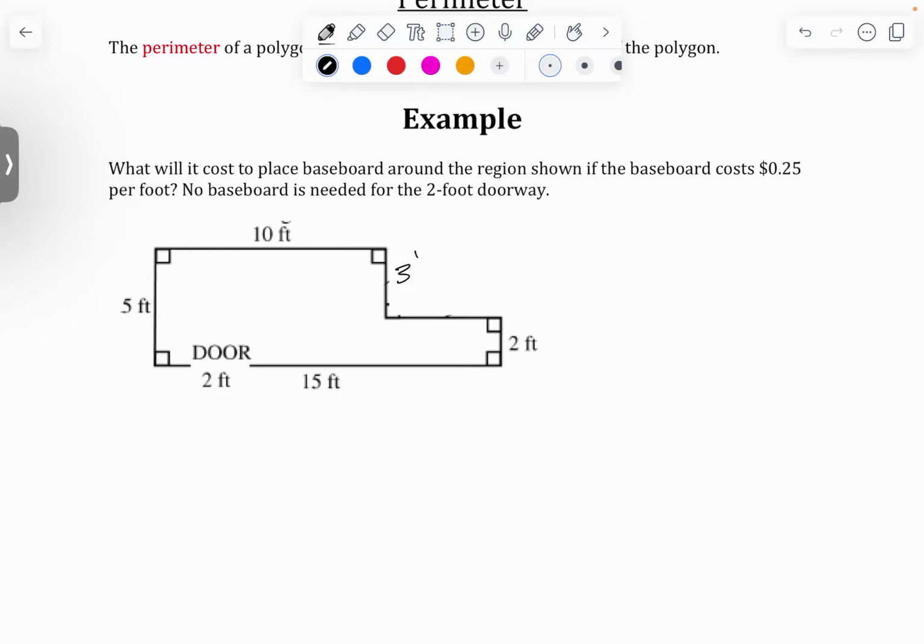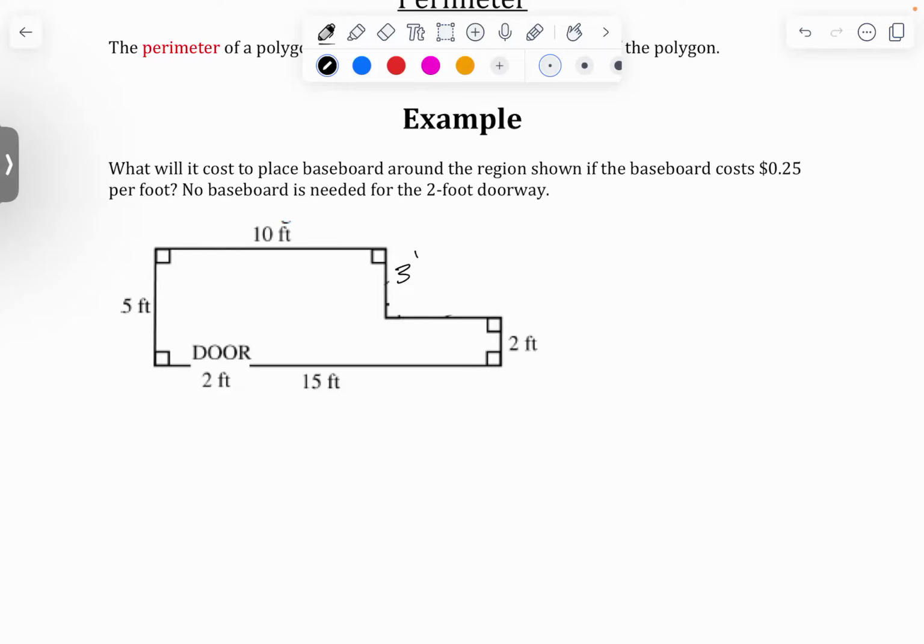Or I can just sum them all up, and let's do it the slow way just so we can go all the way around. So I see 5 feet plus 10 plus 3 plus 5 plus 2 plus 13, since I'm cutting out that 2-foot doorway. That gives us a 38-foot perimeter.